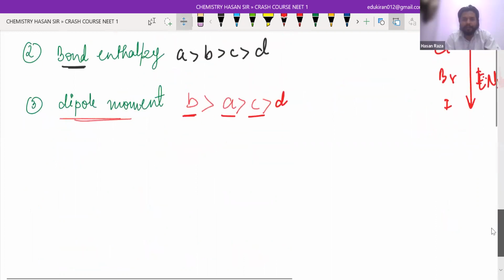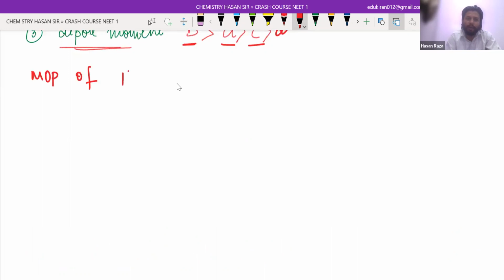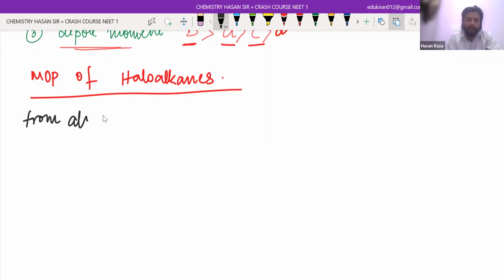Next, we are going to methods of preparation of haloalkanes. The first method, which you have studied in class 11 and 12, is from alcohol. Everyone knows that.